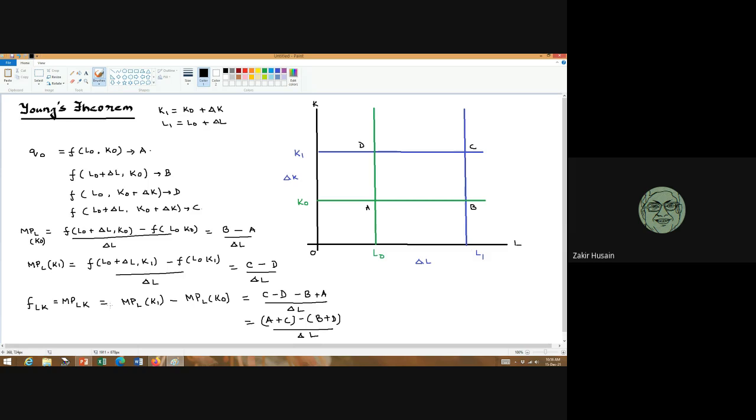Acha, there's one thing which I've forgotten. Capital is changing, right? So I have to bring capital over here. Okay. So this is the change in marginal product when capital has changed.